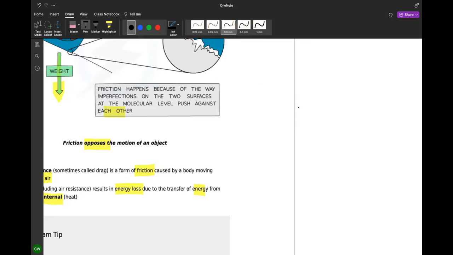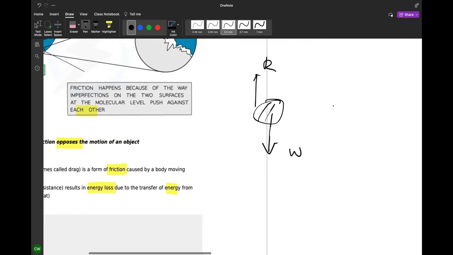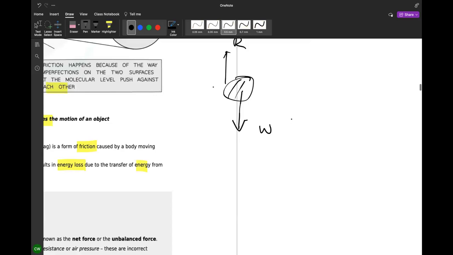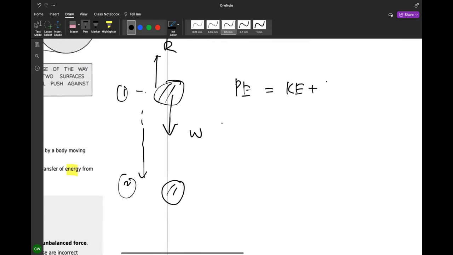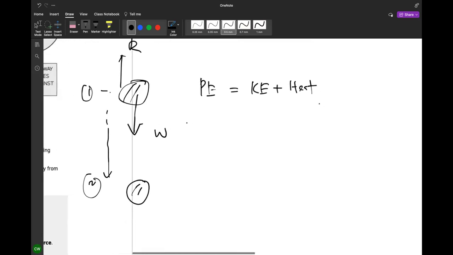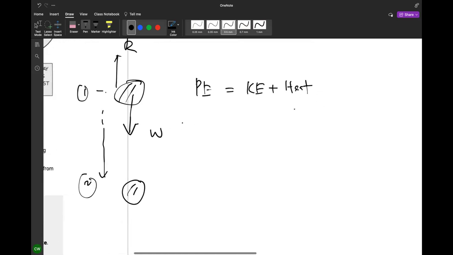So when something is falling, 东西往下掉的时候 you need to do the work against the friction. So when it's falling from point 1 to point 2, that means there will be conversion of potential energy to kinetic plus heat energy. Why is there heat? Heat due to friction, air resistance.